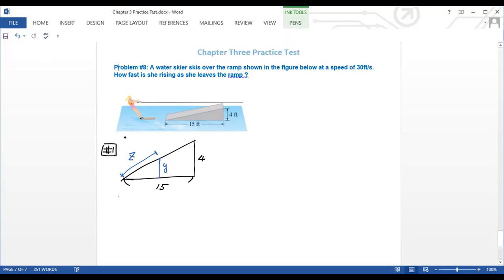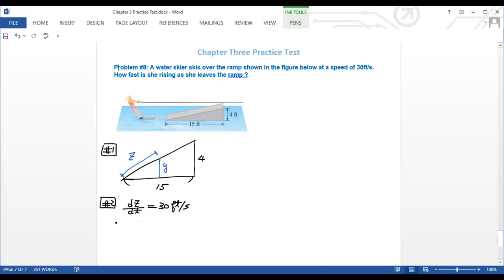Now let's take a look. What do we have, and what are we looking for here? Let's list all the things known and unknown. I know the dz/dt here, which is how fast it's going, and it is 30 feet per second.